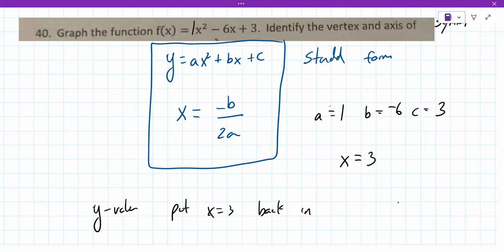It is 3 squared minus 6 times 3 plus 3. Oh, sorry, I didn't square it. That's why I didn't square it. Yeah, you have 9 minus 18 plus 3. It is not 9. Give it another look.